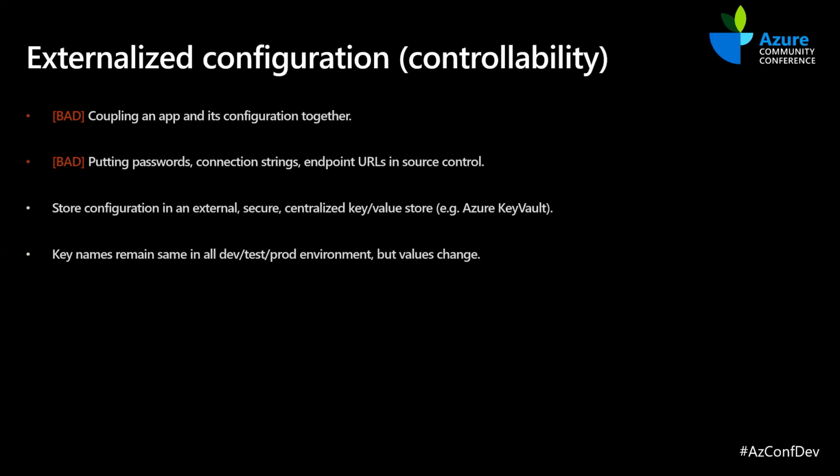For example, if the app is being deployed in test, it should use the connection string to the test database and not the connection string to the prod database. That way it will pick up the right configuration depending on which environment it is in.